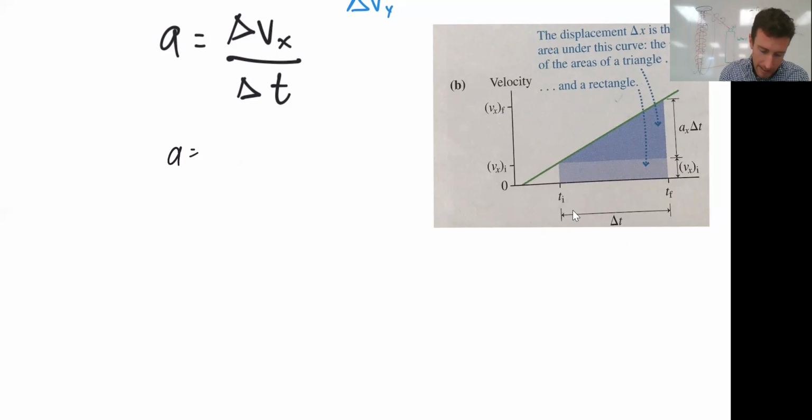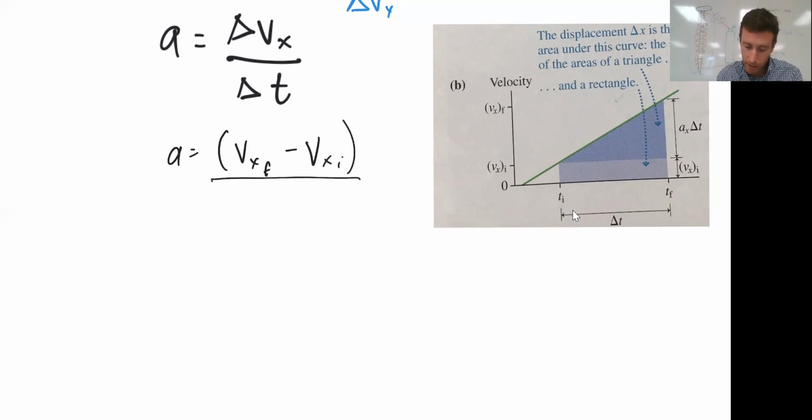I'm going to break that down and say that would be velocity sub x final minus velocity sub x initial. So it'd be my final velocity minus my initial velocity, the change in velocities, and that would be over the change of time.